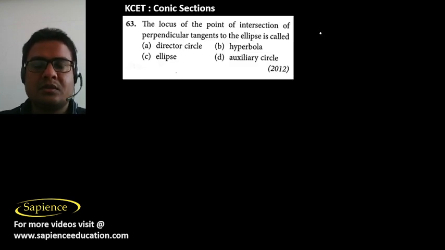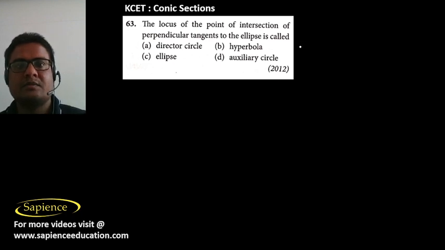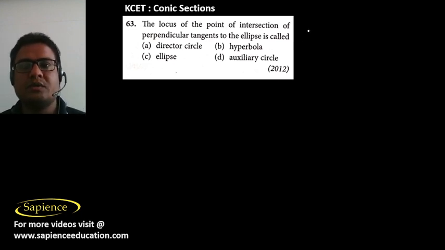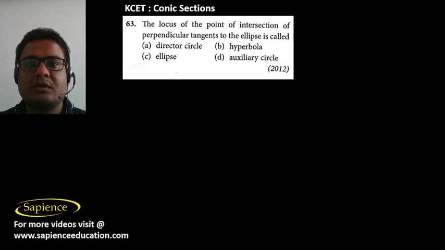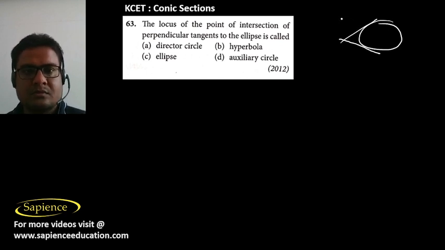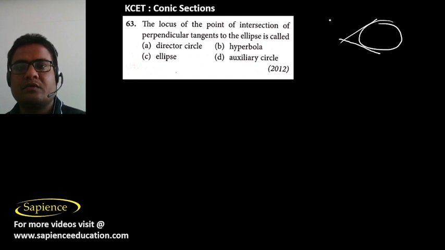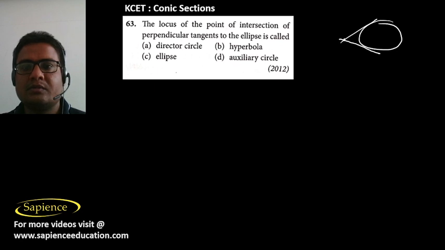Then here it is told in question number 63 that the locus of the point of intersection of perpendicular tangents to the ellipse is called. The locus of the point of intersection of the perpendicular tangents to the ellipse is called the director circle.